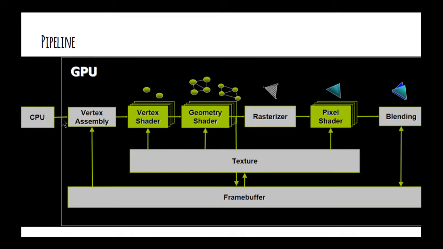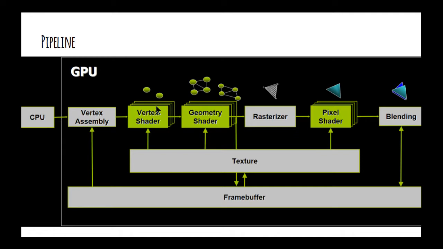The next step is the vertex shader stage, which processes vertices: transformation, skinning, lighting, shadowing, and so on. The vertex shader always takes a single input vertex, just one vertex, and produces a single output vertex as well. So one goes in and one comes out.